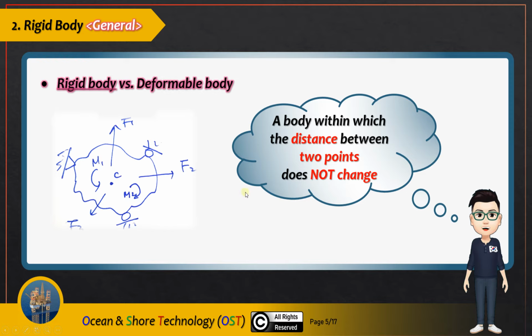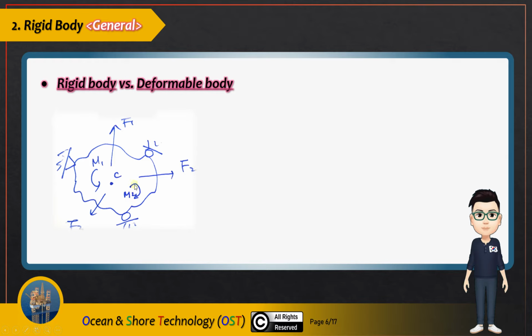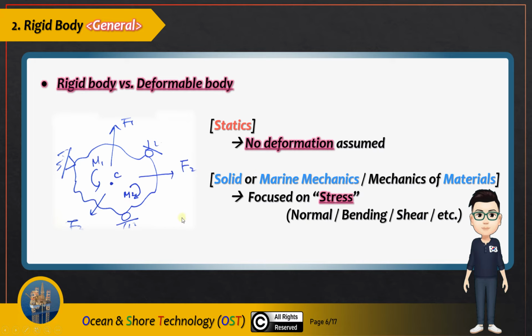Of course, in this module, structural analysis, we will discuss deformable bodies. That is the main difference. In the case of the deformable body, we learn about statics by not allowing deformation, and solid mechanics. So we focused on all types of stress such as normal stress, tension and compression, and shear, including torsion.